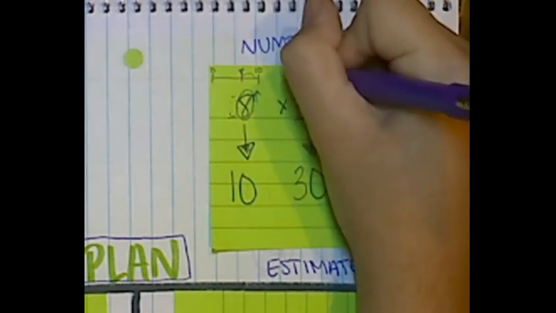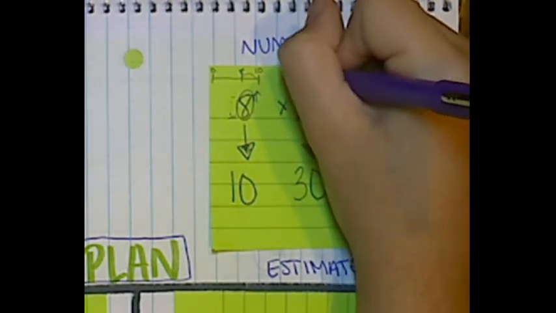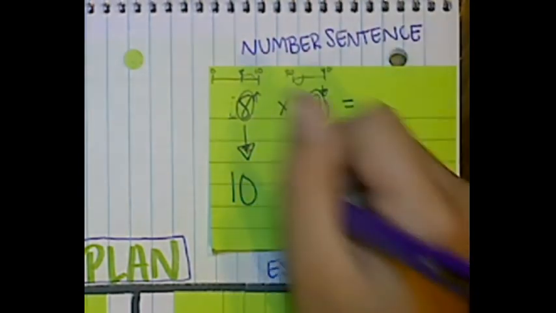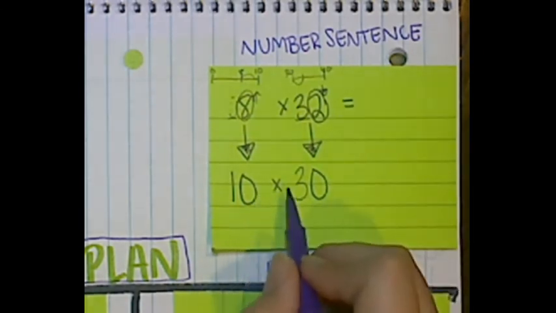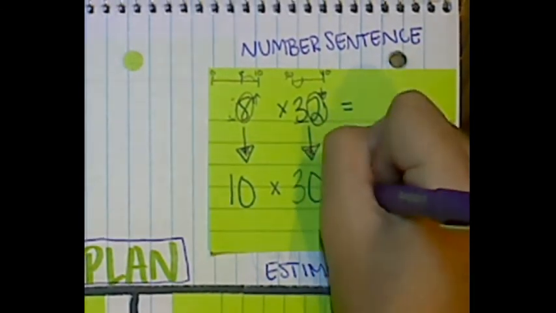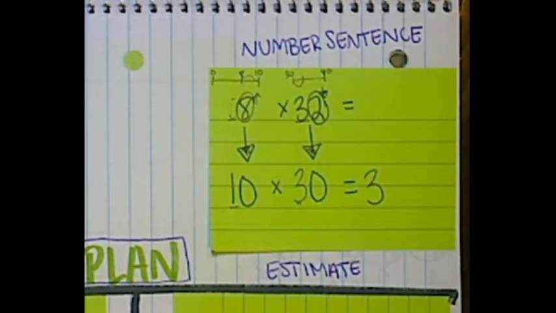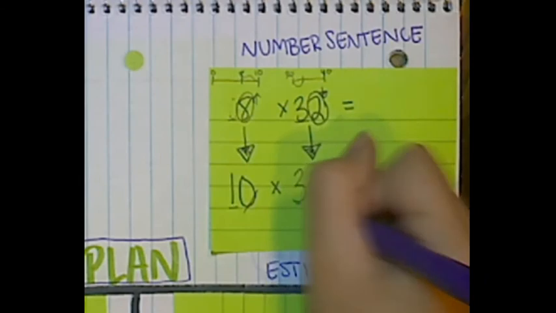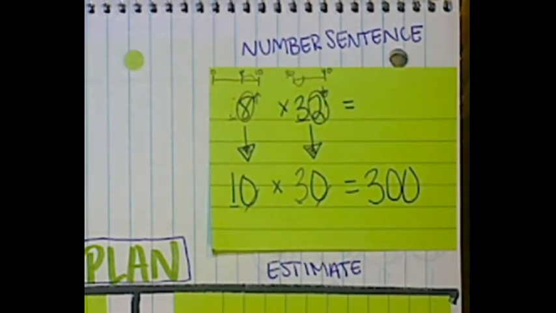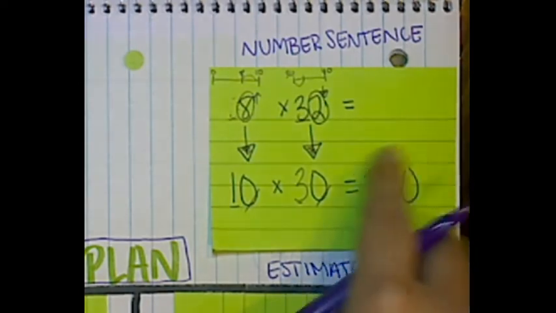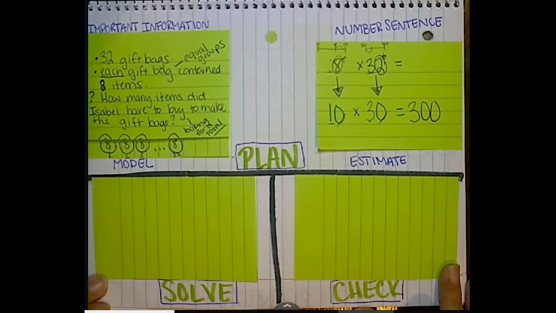So 32 falls between 30 and 40, and it's closer to 30. Now, if we estimate 10 times 30, that's a little bit easier, because I know that 1 times 3 is 3, and I add 2 zeros. So now we know that our answer should be somewhere close to 300, and we can start to solve our problem.